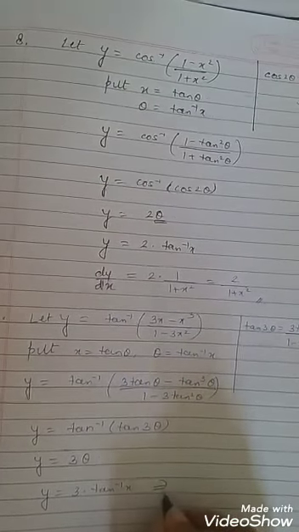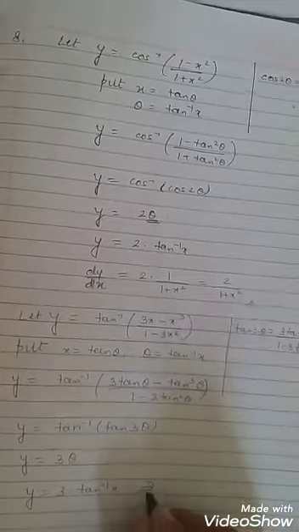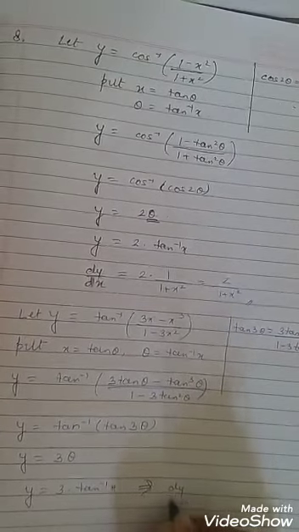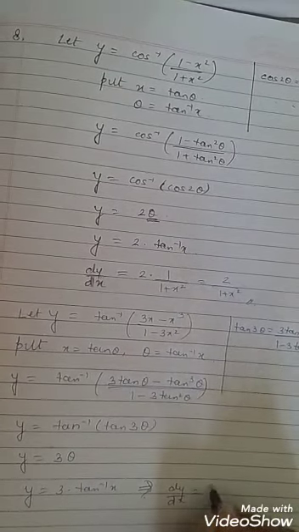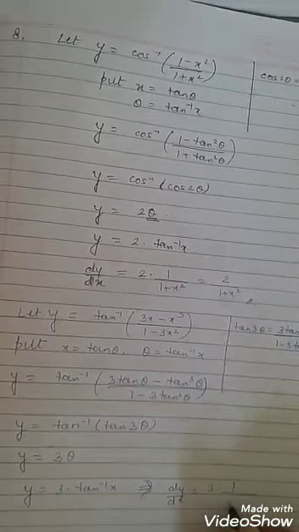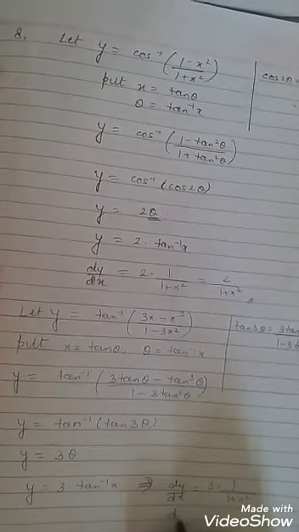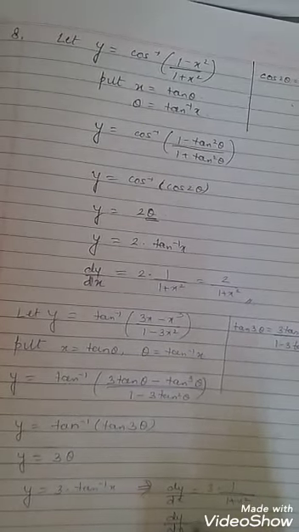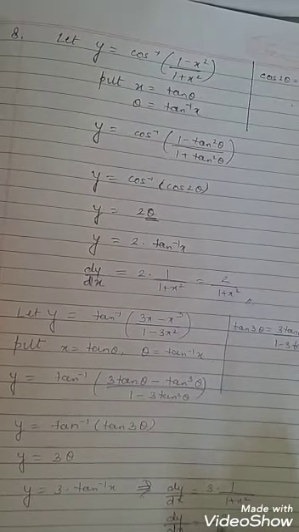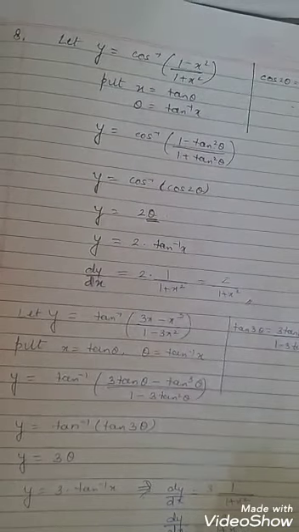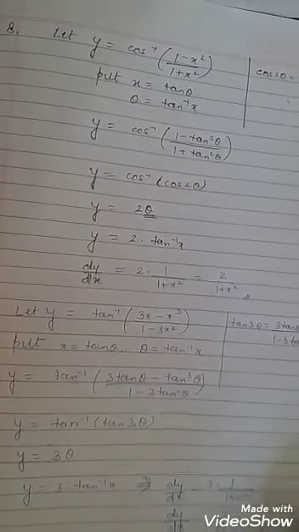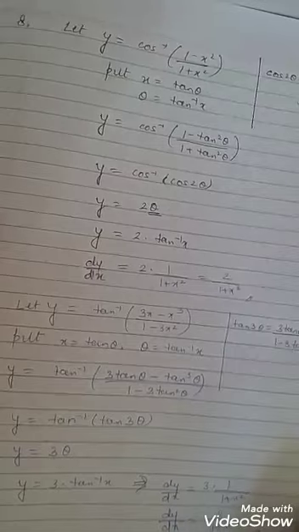Now we'll differentiate this: dy/dx equals 3 into 1 upon 1 plus x square. So the answer is dy/dx equals 3 upon 1 plus x square. I hope this is clear to everyone.